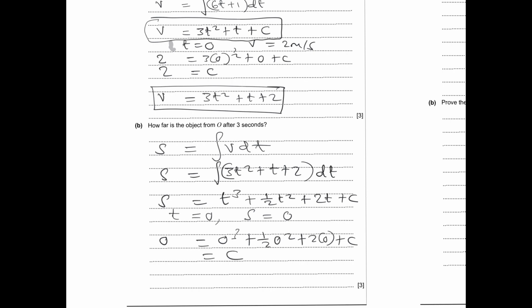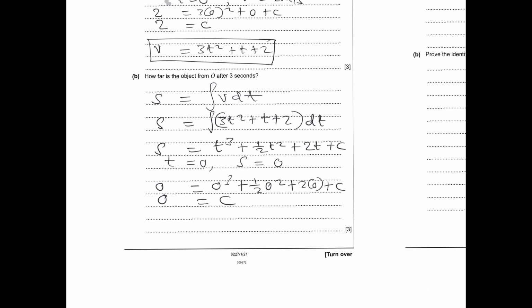So in other words, our c is going to be equal to 0. So the expression therefore is S is equal to t cubed plus half t squared plus 2t.